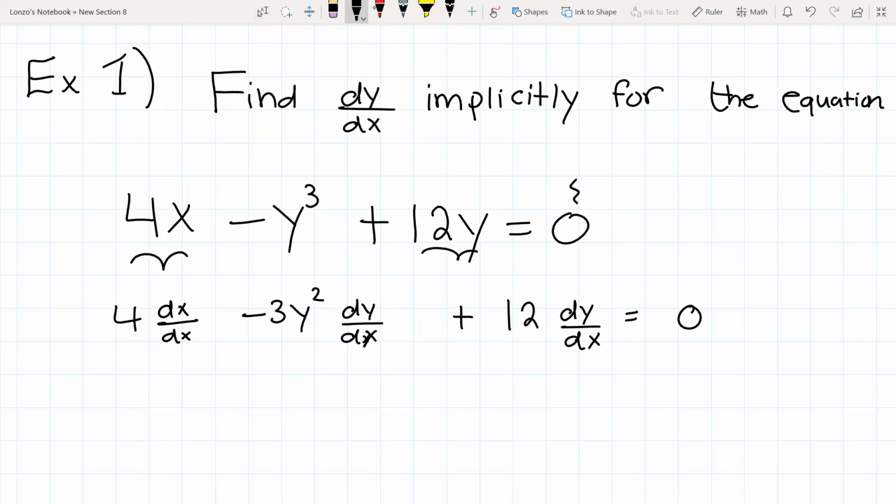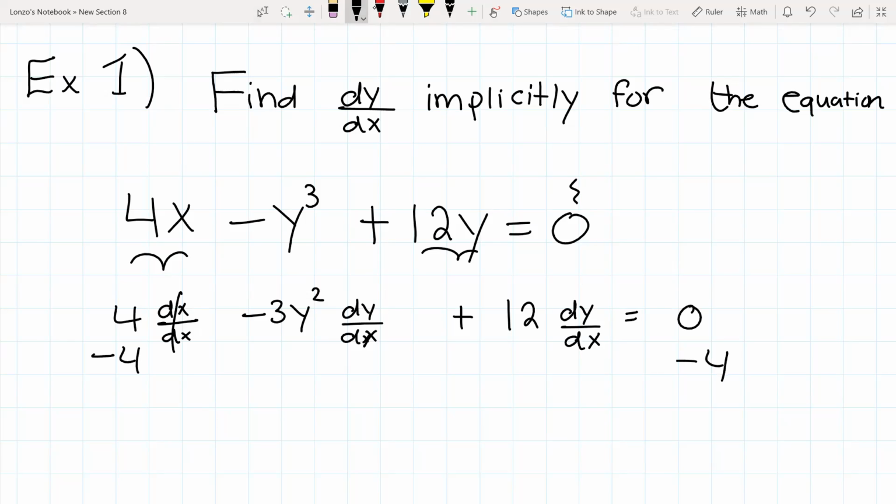Now, your goal is to solve for dy dx. Anything that doesn't have a dy dx, move to the other side; anything that has a dy dx, collect on one side. So this 4 dx over dx, or basically this 1, doesn't have a dy dx, so you're going to subtract 4 from both sides.